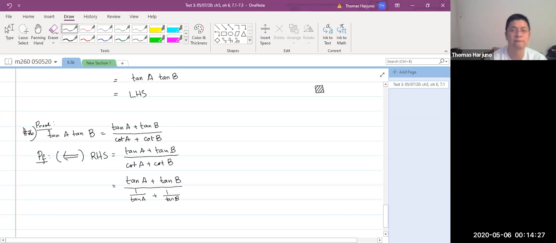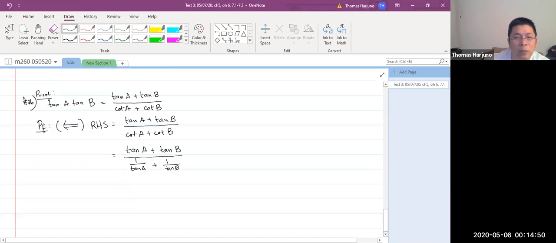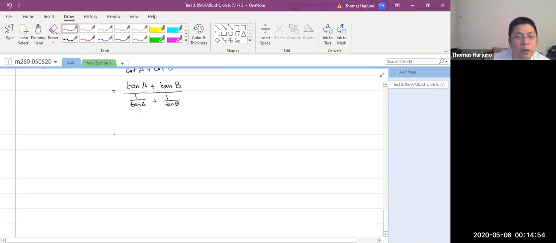Is it okay? Now we have complex fractions, not so complex, so you can do LCD if you like. I think LCD is actually the best one. From here, let me show you two different ways. This is my second way, but even in my second way, I have two different approaches. The one I have here, I will do tangent A plus tangent B as the numerator.